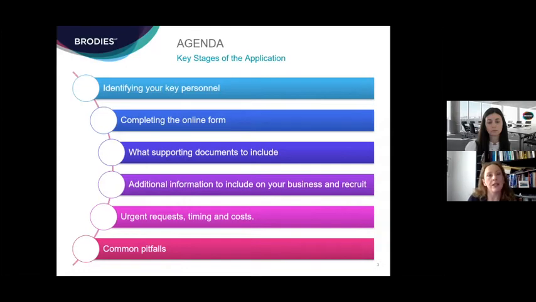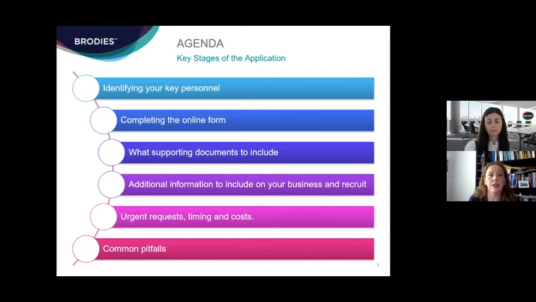But anyway, today the session is going to be in 2 parts. The agenda slide you can see in front of you there. I'm going to start by talking about identifying your key personnel, which is one of the first steps in applying for a sponsor licence, how to complete the online application form, and what supporting documents you're going to need.